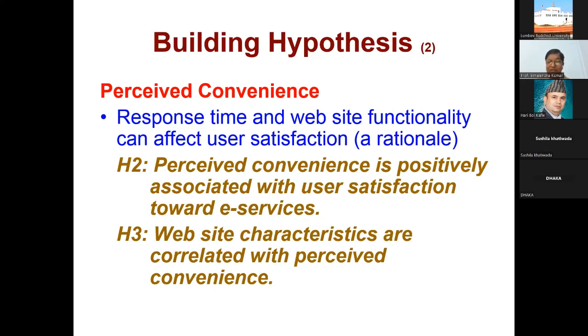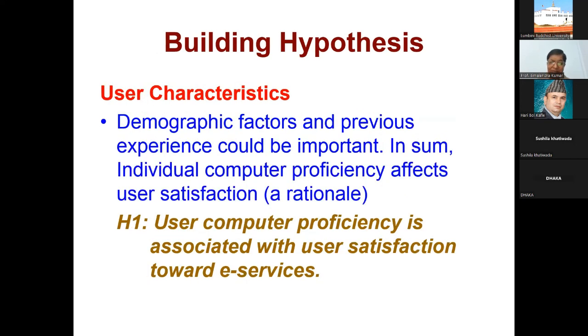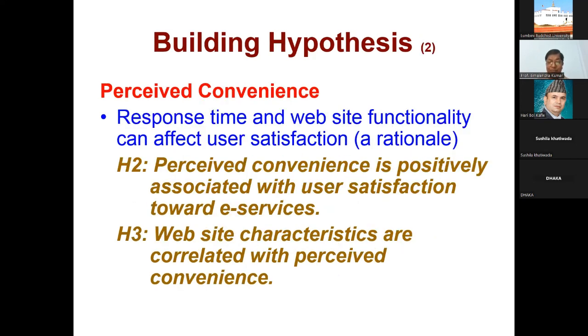Again, perceived convenience. So in the first case we have seen that in building a hypothesis, demographic factors and previous experience could be important. Through previous observations and experiences, one hypothesis can be built up.